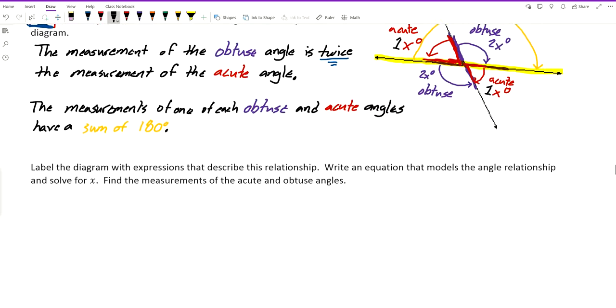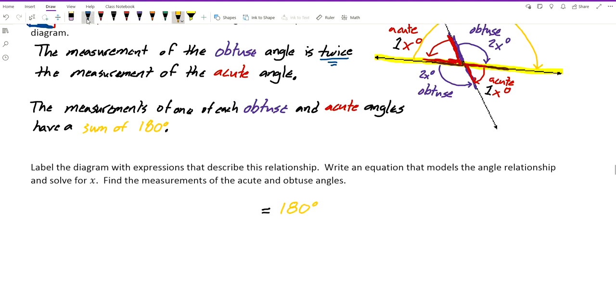So the equation is going to come from this second sentence we wrote in the part above. So the measurements of one of each of obtuse and acute angles have a sum of 180 degrees. Well, again, the word sum, as we did in a previous example, sum means equals 180 degrees.